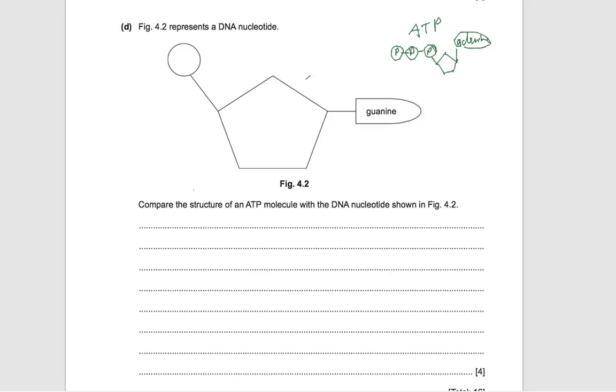And then obviously from the A in ATP, you know that the base is adenine. So in this case, on the DNA is guanine. So they both still have purines, but they're different bases. And then finally, ATP has a triphosphate group here, whereas DNA only has one.